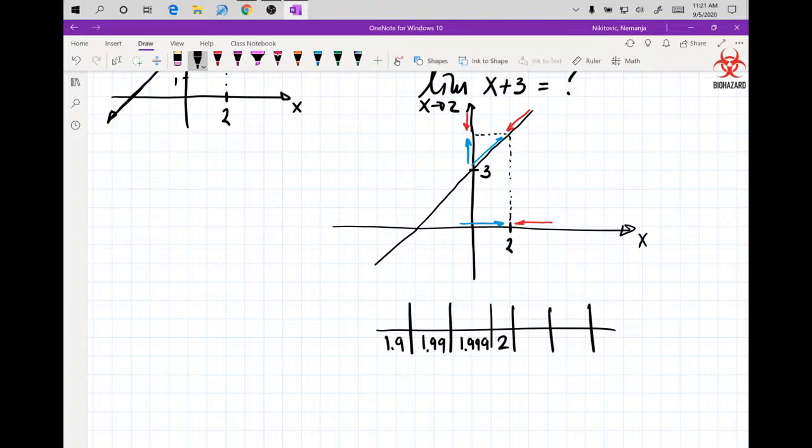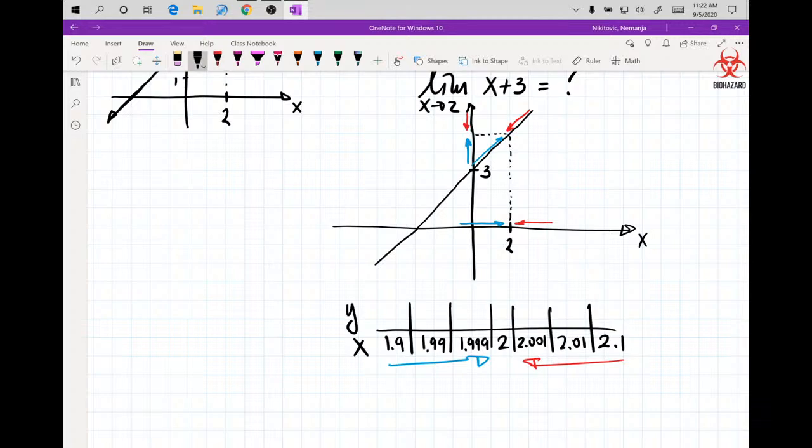So those are all the numbers that are smaller than 2, right? So these are your, well, let's put, it doesn't matter, X and a Y, doesn't matter which one is which. And then on the other side, right, you want to be closer and closer and closer. So 2.1, 2.01, 2.001, right, is always closer to 2 as you are approaching from the right. So here is the left approach, and here is the right approach.